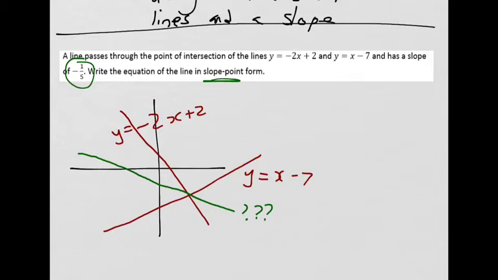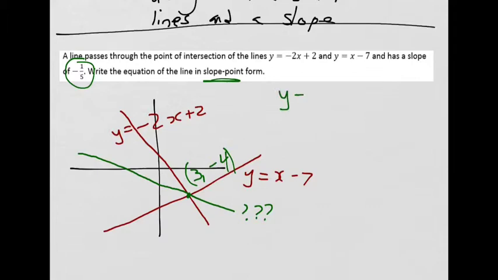Alright, so the point of intersection that we found was, let me just draw it here, it was 3, -4. So now we have enough information to write the equation of the line in slope point form. Right? We have the slope, and we have a point on that line. So now it's just a matter of doing what we've been doing all along.